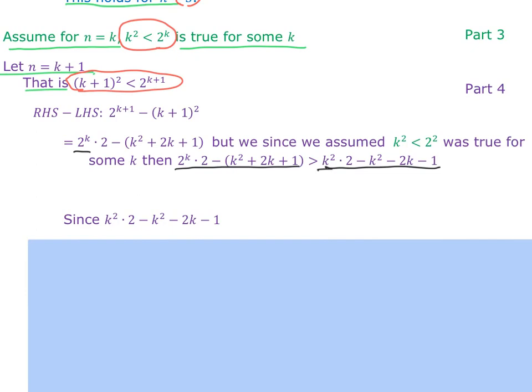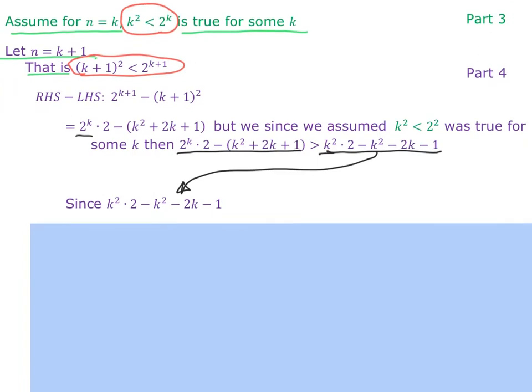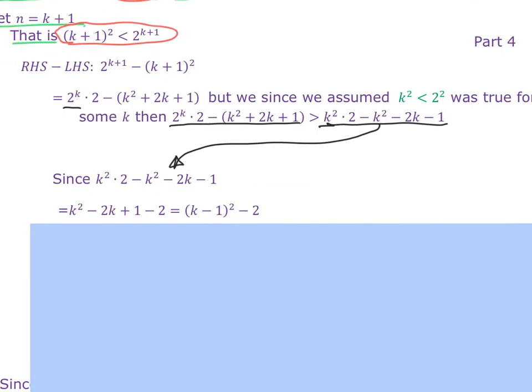Now, I'm going to come down here and just work with this piece. So 2k squared minus k squared minus 2k minus 1 is equal to k squared minus 2k minus 1.